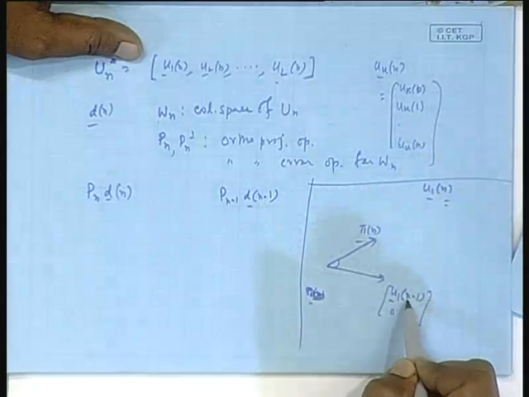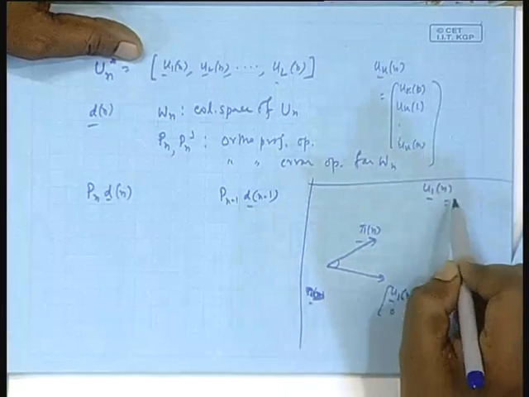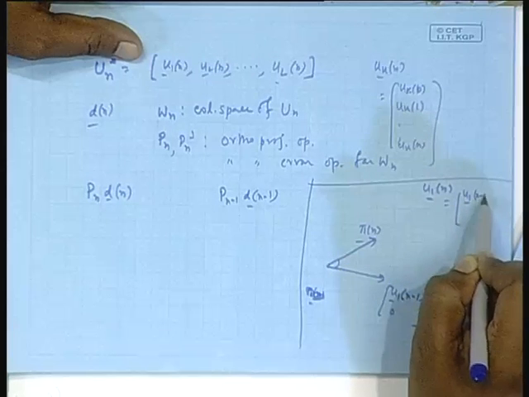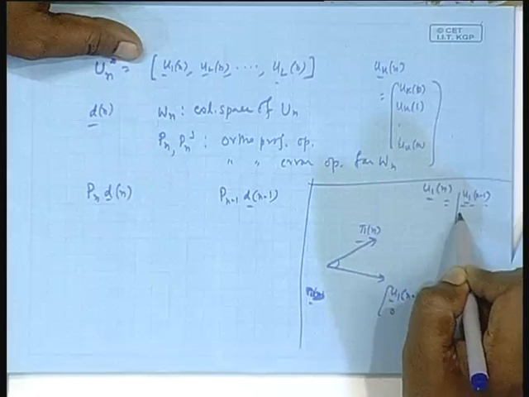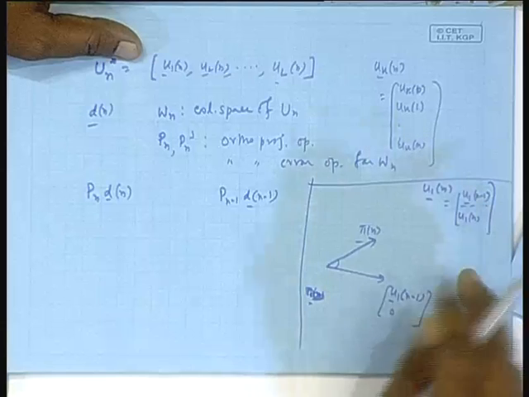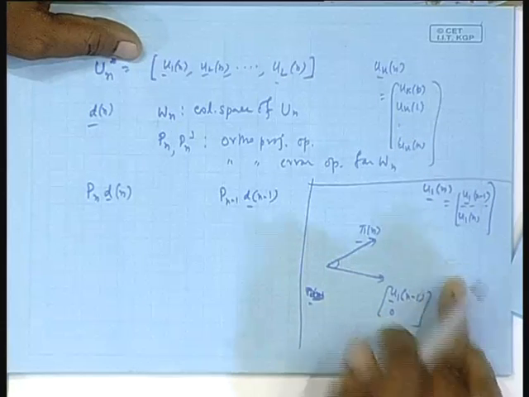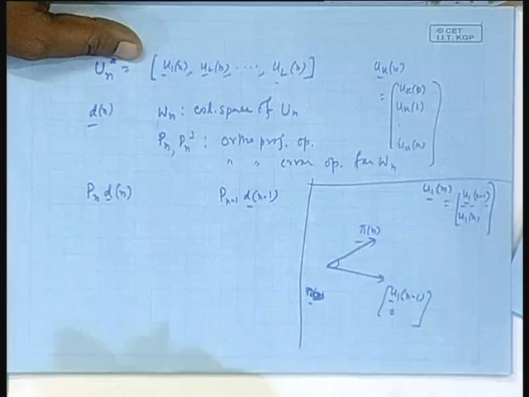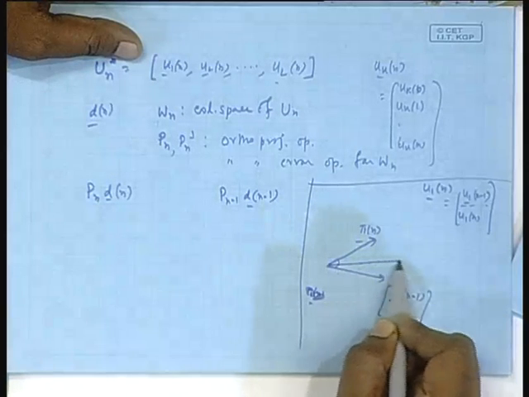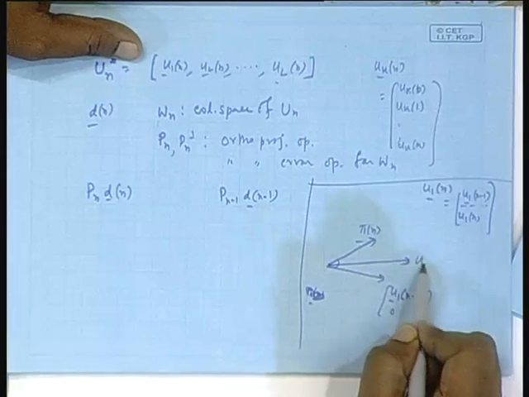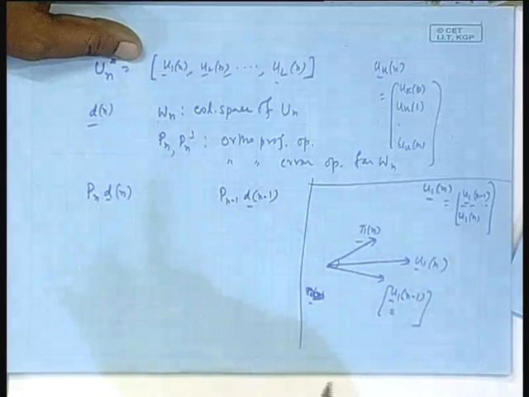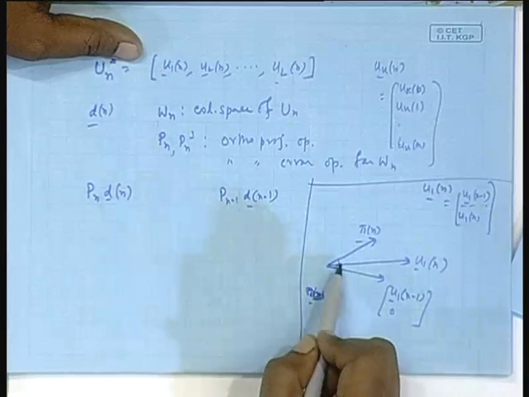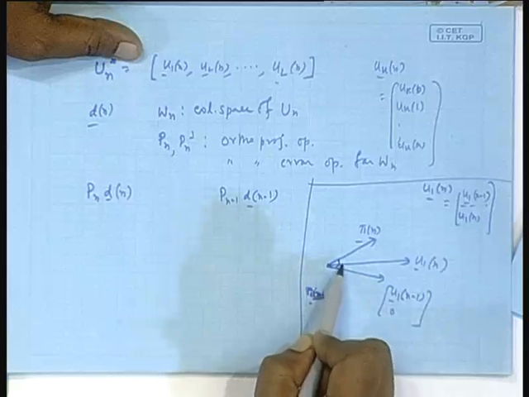U 1 n is this vector plus the latest component. That will be somewhere here, u 1 n. In fact, I should have made it 90 degrees; let's take it as 90 degrees.